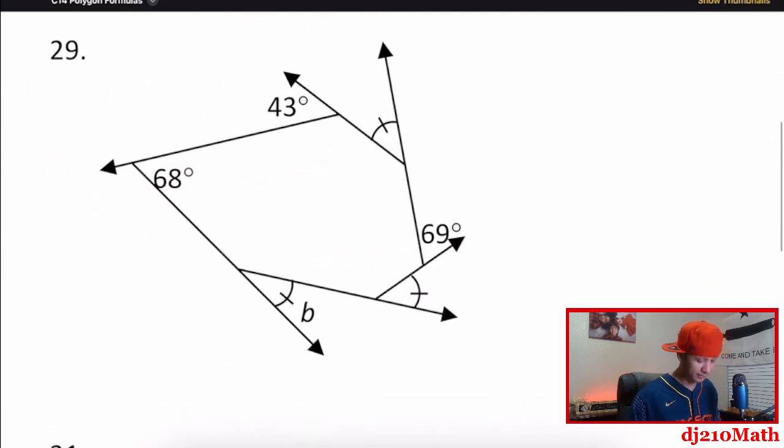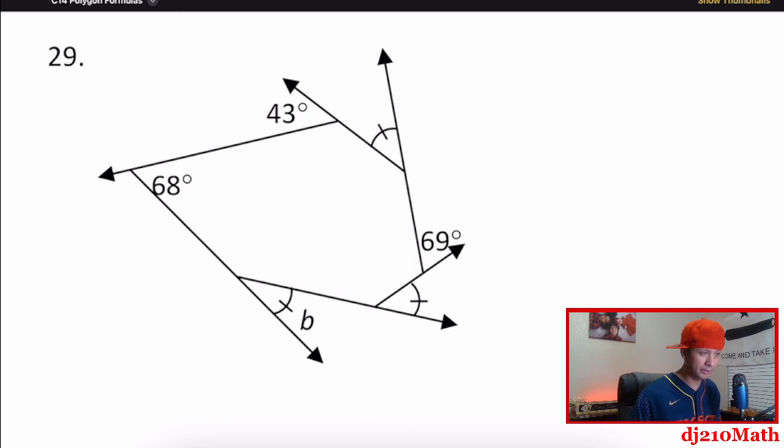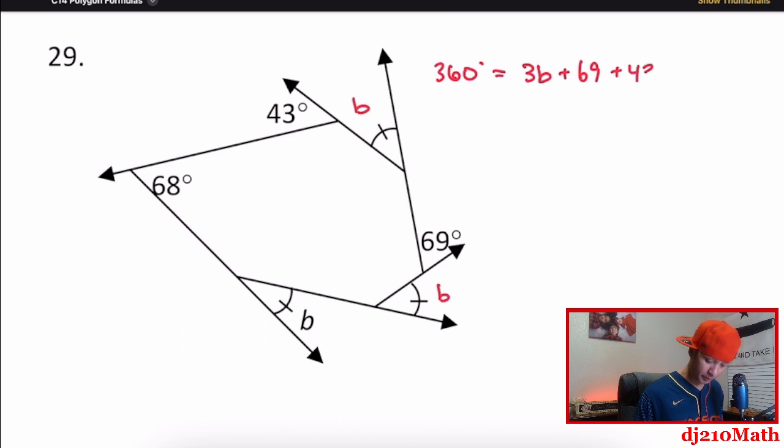All right, 29. Let's go. Exterior angles must add up to 360. So if we add up all of the exteriors, these are all B, so 3B plus 69 plus 43, and then plus, not 68, but the exterior, so 180 minus 68, 112.